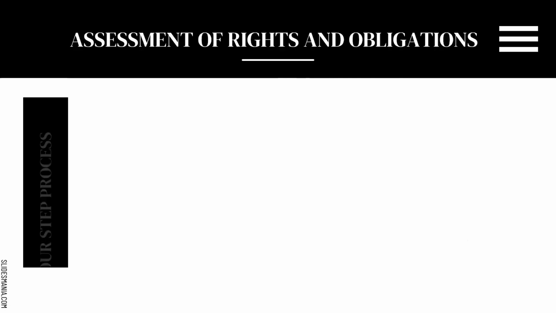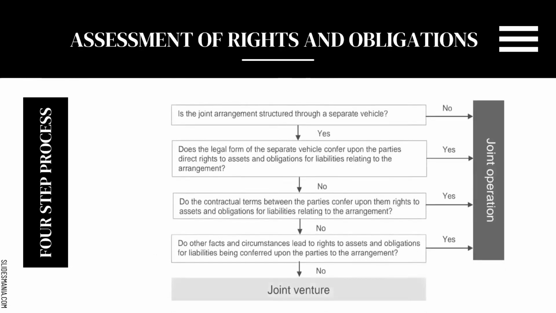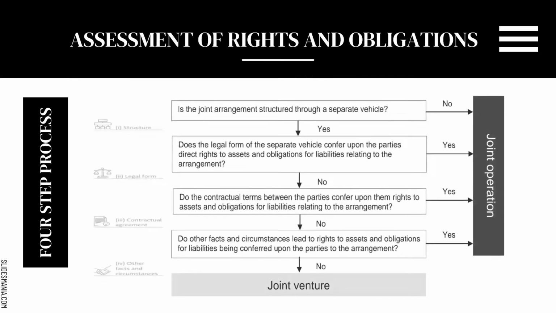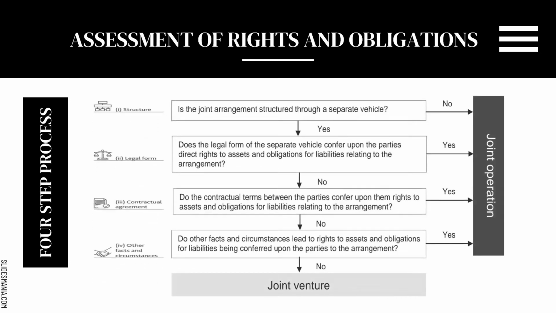So, paano malalaman kung joint operation siya or joint venture? Tignan natin tong 4-step process. So, is the joint arrangement structured through a separate vehicle? When you say separate vehicle, it is either separately incorporated entity or a division of an entity that maintains its own books, or may sarili siyang own book or separately incorporated siya.